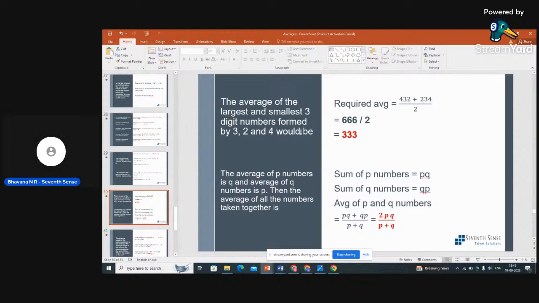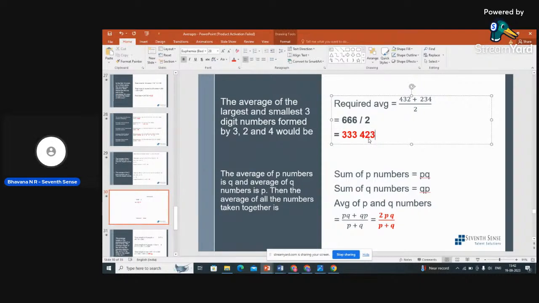Using these digits, we need to take the largest number and the smallest number.